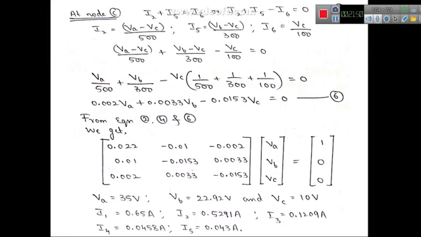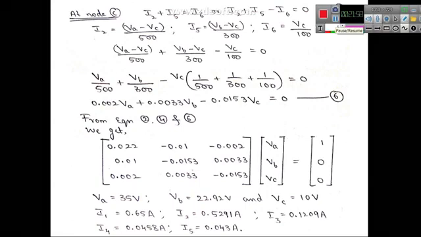So you will get VA is equal to 35, VB is equal to 22.92, VC is equal to 10 volts. Then once you have got VA, VB, VC, you can substitute those values in the current equations.